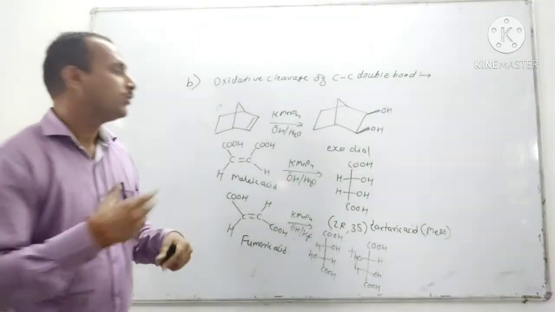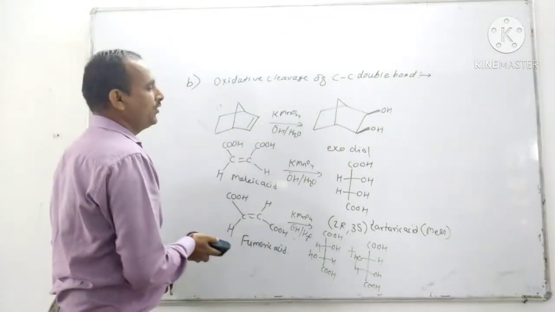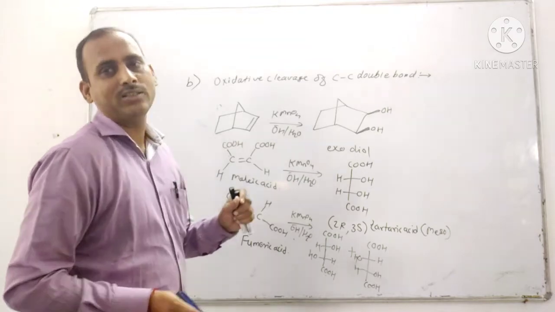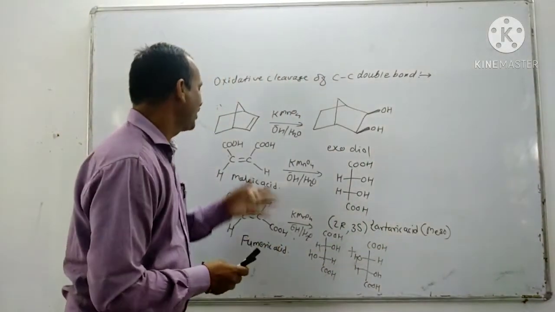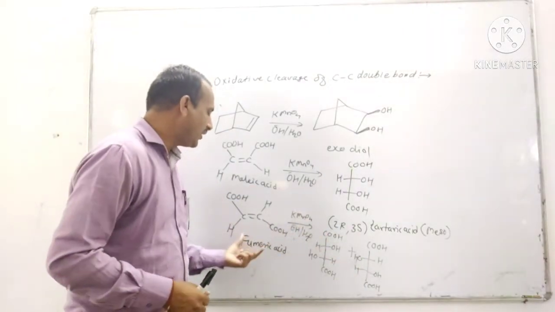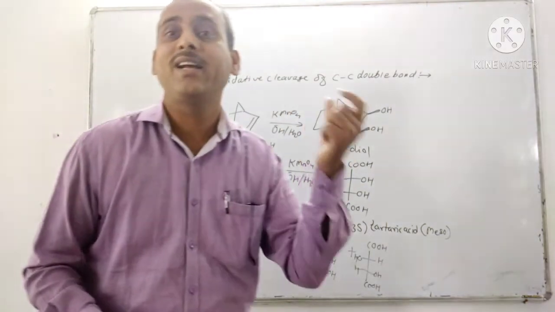Okay. Now the same oxidation is carried out by using the peracid. Then by using the peracid, the maleic acid gives enantiomeric pairs, while the fumaric acid gives the mesotartaric acid.